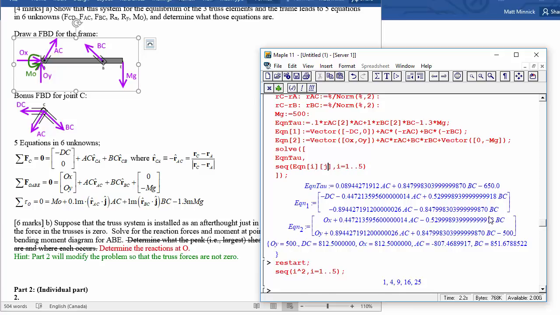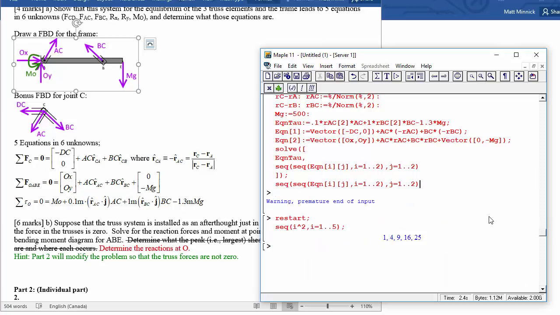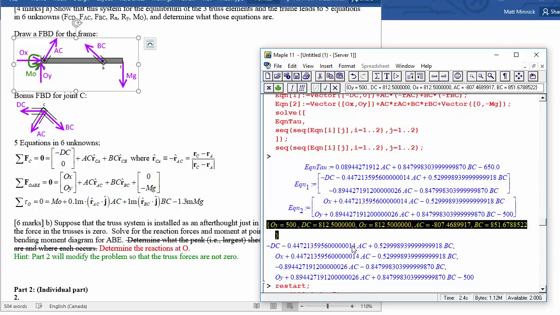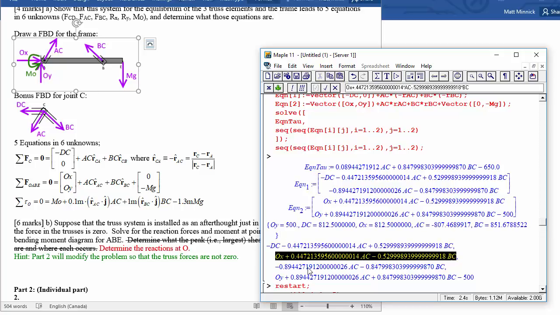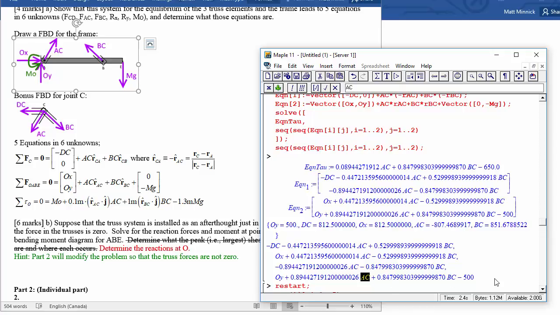So what could we do with that? How about this? Sequence of sequence equation I, j, I is 1 to 5, j is, well, not 1 to 5, 1 to 2. Ta-da! What did that do, by the way? It just reproduced the equations from inside those vector forms.